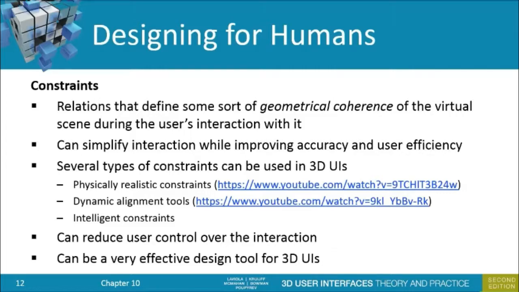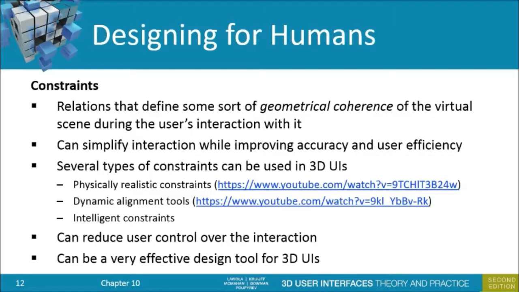So it can simplify interaction while improving accuracy and user efficiency. And constraints are also known relations between the 3D virtual objects in a scene. It does not consider the type of objects which is involved, as long as there's an object.